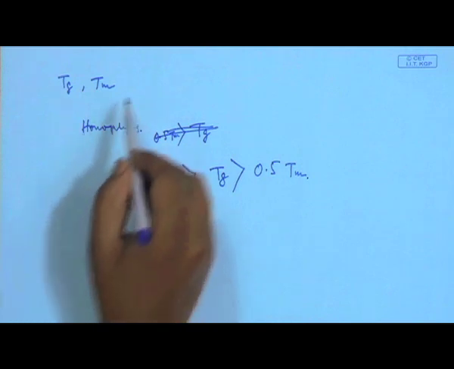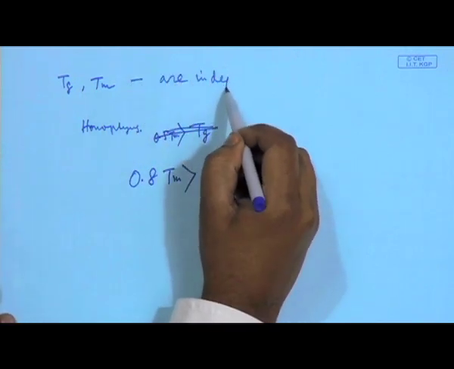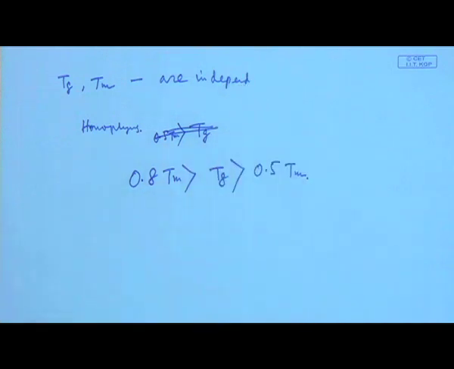So, basically Tg and Tm are not independent for homopolymers. So, you cannot vary the Tg and Tm independently for homopolymers. They are quite related, as we have seen from the structure property relationship between Tg and Tm.